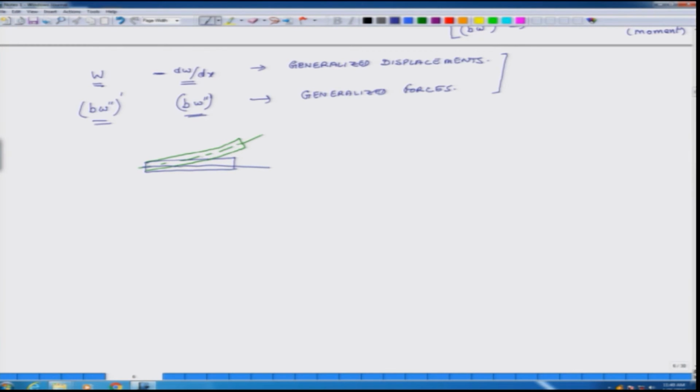Then this angle, let us say this is theta, then tan theta is what? Suppose this is the deflection, right, then tan theta will be basically dw over dx, agreed? But this theta, we are considering that theta is positive if clockwise, right.